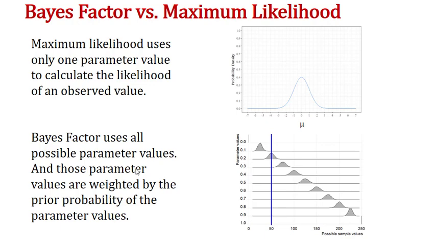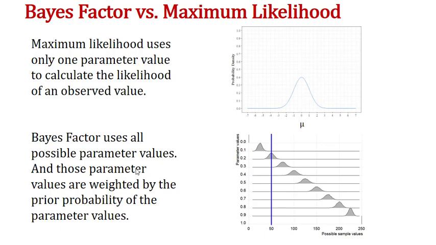So the model says, well, I believe that this parameter value is the most likely, other parameter values are a bit less likely, and so on and so forth. So we've got a probability for each parameter value.